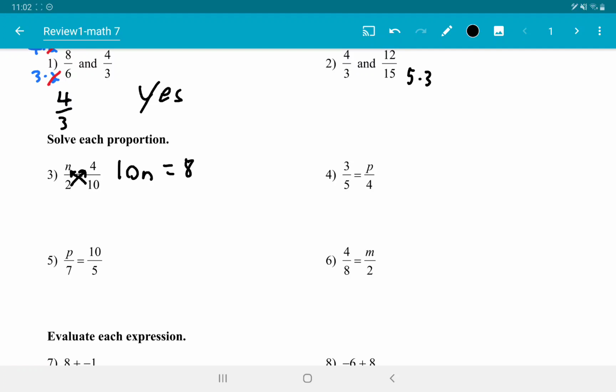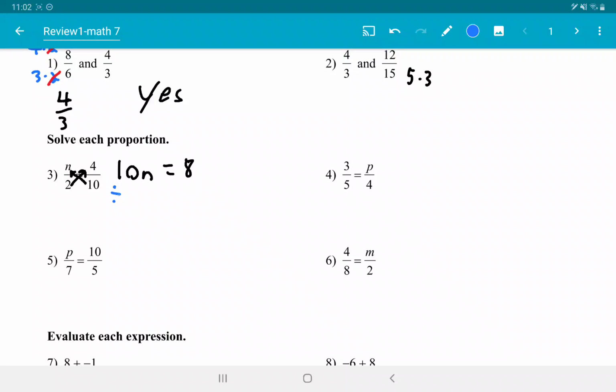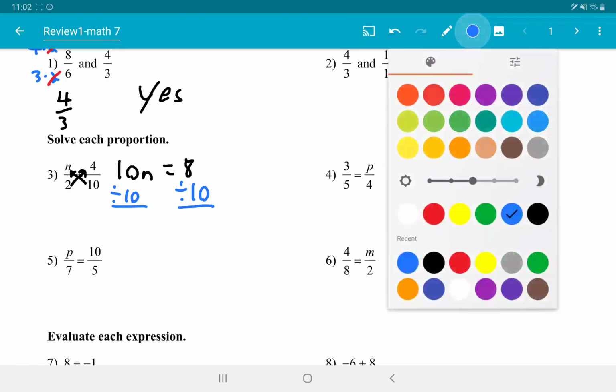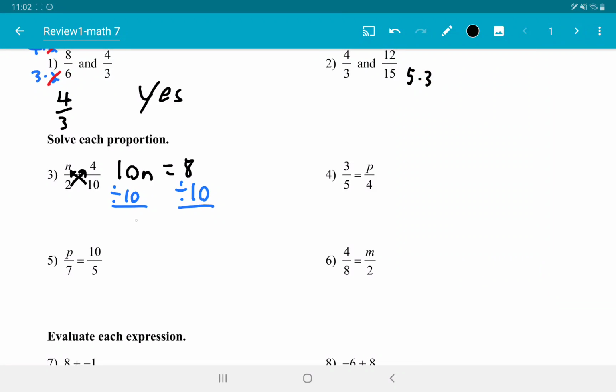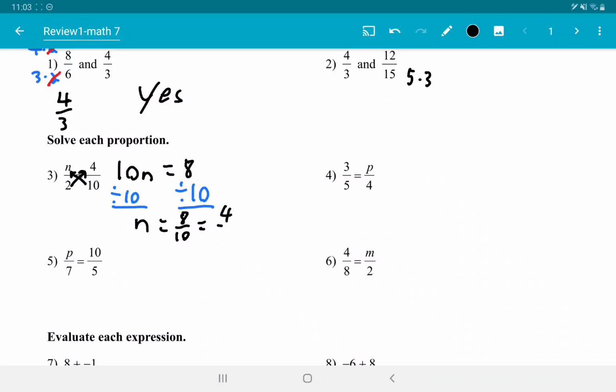And then just like how you would solve a one-step equation, I need to divide by 10 to both sides. So 8 divided by 10, and we can simplify that to 4 over 5. So that would be our n value that would make the proportion equal to each other.